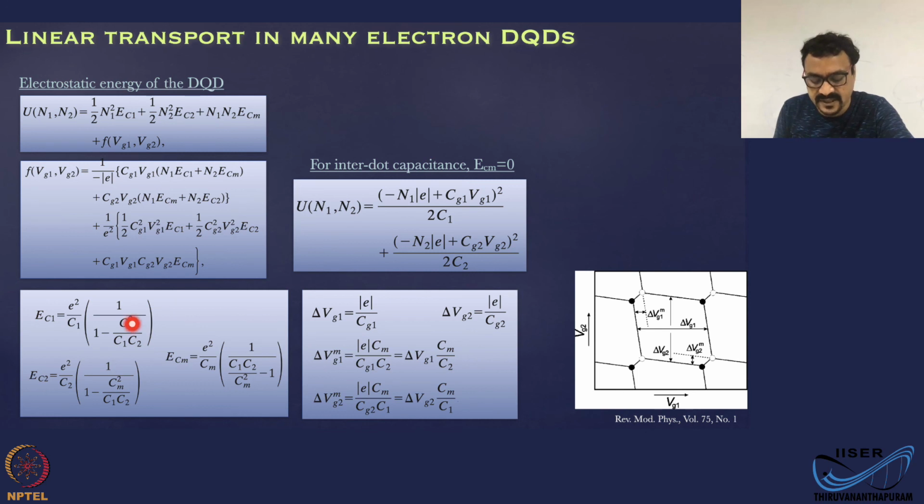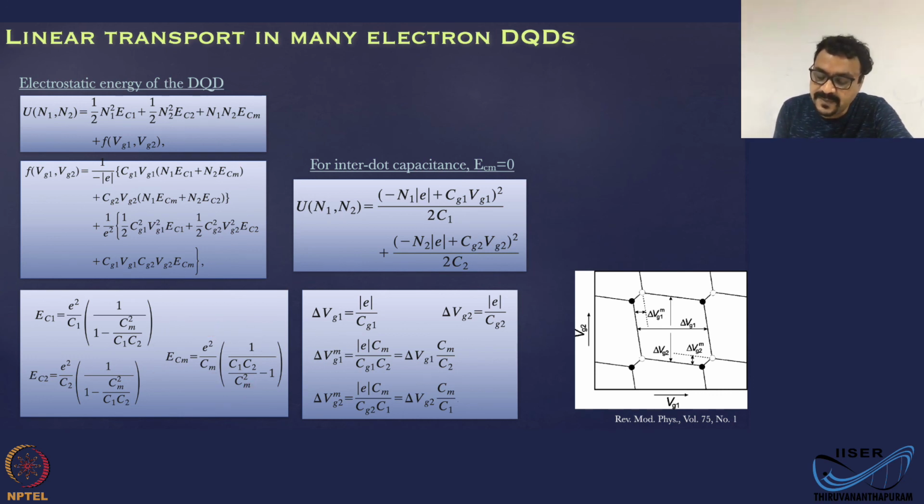The moment this capacitance goes to zero, it will be just the charging energy of that individual dot. Similarly, EC2 also has the coupling capacitance, Cm. And ECM is the effect of having charging happening on one dot on the other dot. So that is given by this term.